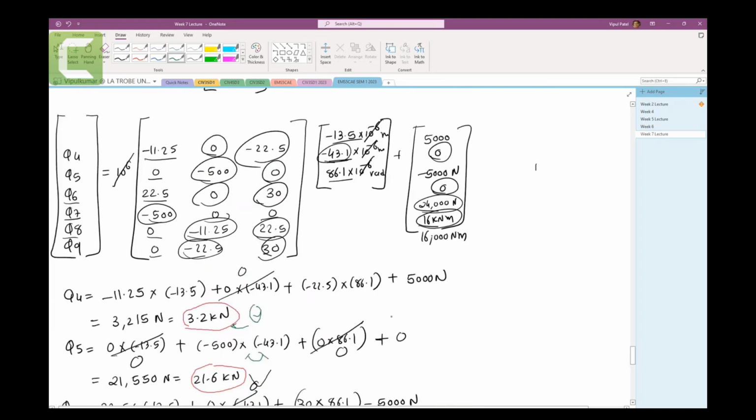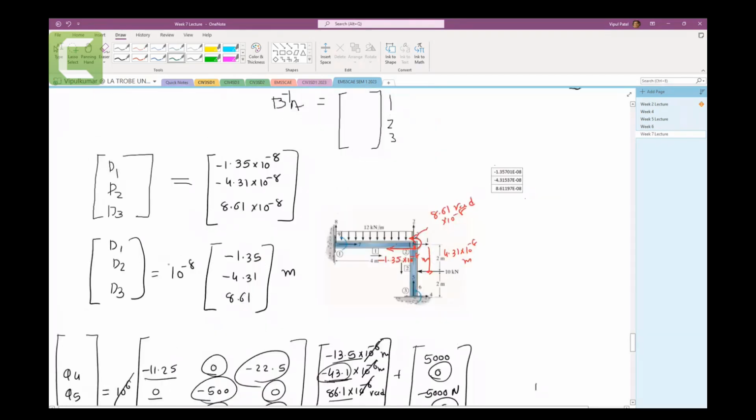Now we can also verify our displacements. Now D1 we got here was minus 1.35 times 10 raised to minus 8 meters.